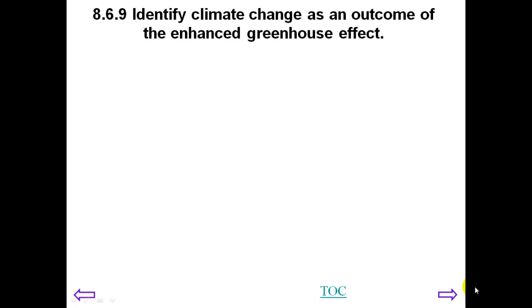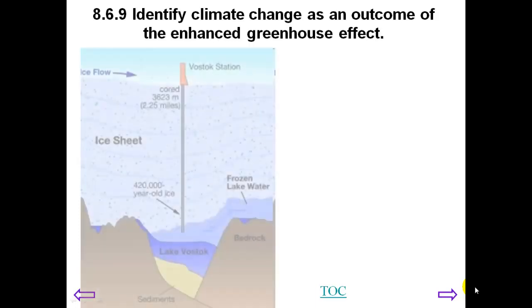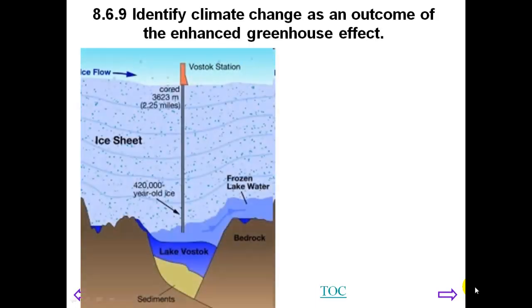We need to identify climate change as an outcome of the enhanced greenhouse effect. First, we need the experimental evidence. We know from research into ice cores, by looking at ice of up to 420,000 years ago, we can find two pieces of information.